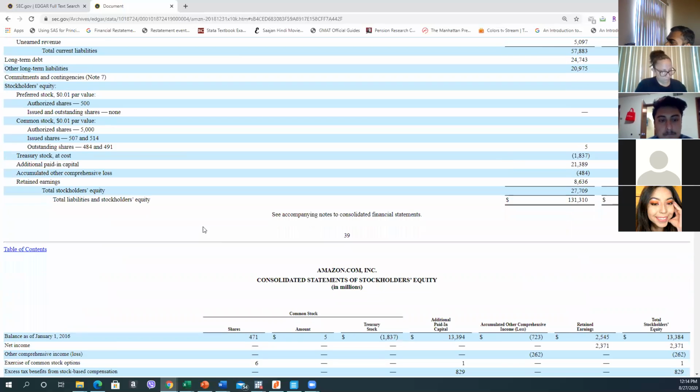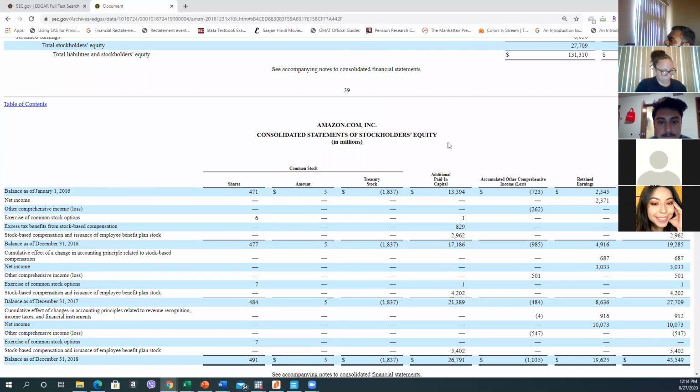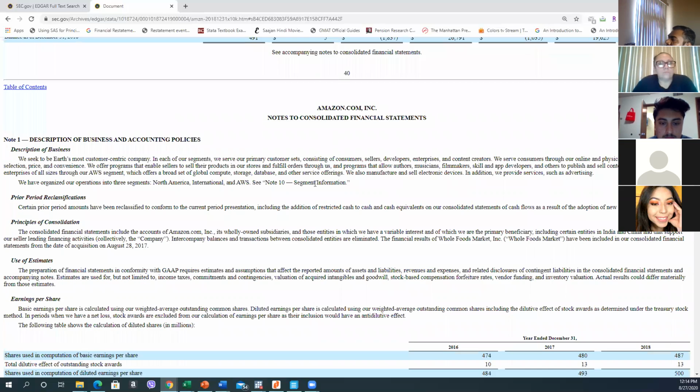So these are the things they have. And this is the consolidated statements of stockholders' equity. This is how they start with net income, then other comprehensive income or loss, exercise of common stock options. So many things.